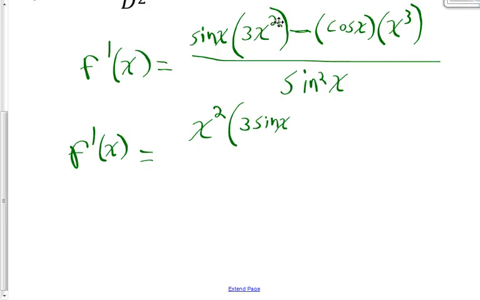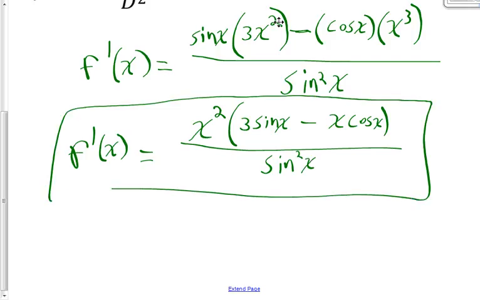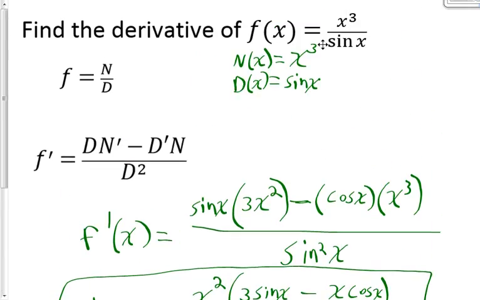If I take that out of the second term, I'll be left with x times the cosine of x, and that's all still divided by the sine squared of x. So this would be the final answer. That would be the derivative, and that is the quotient rule.